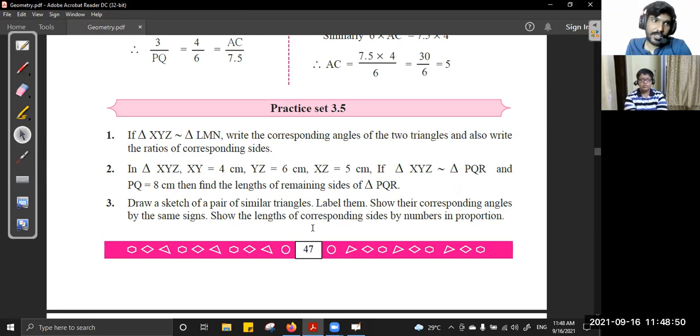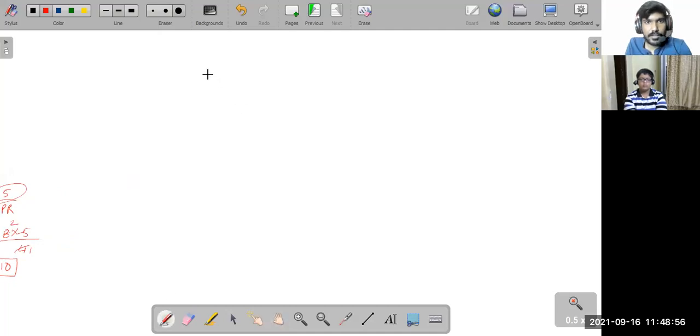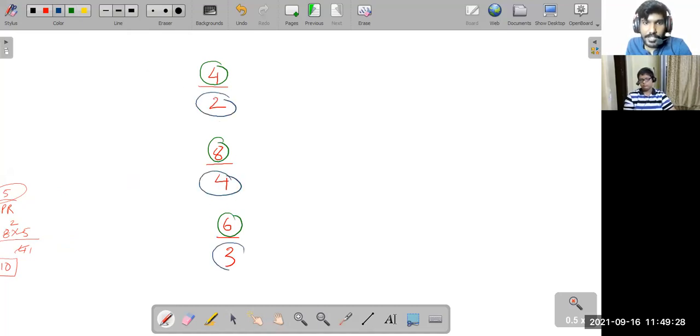Getting it? Like for example, I'll show you one example. If you see these, you can take one triangle to be of length 4, 8, and 6, and the other triangle you can take to be of length 2, 4, and 3.